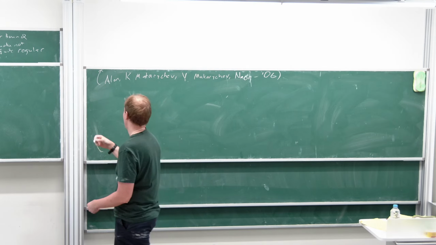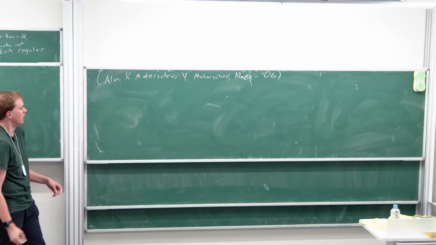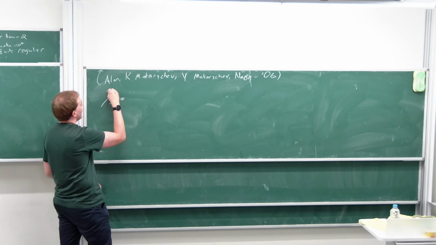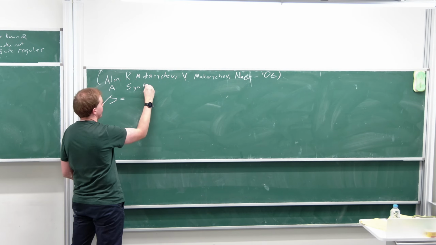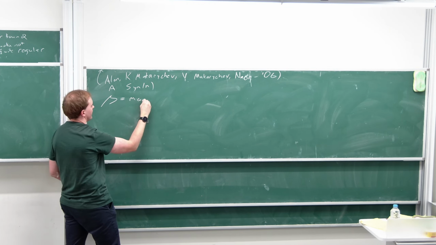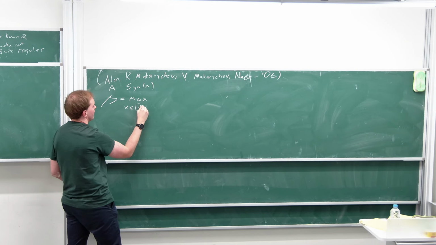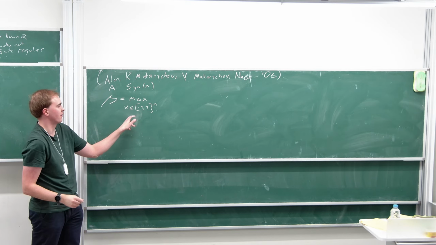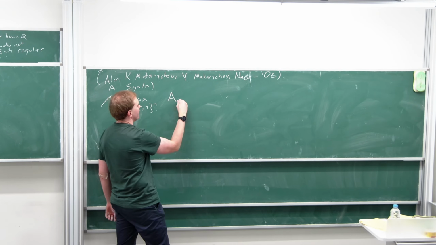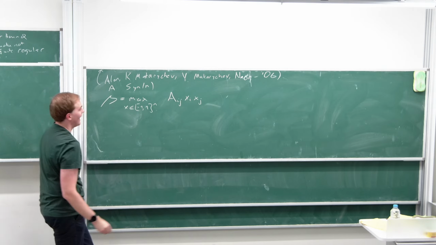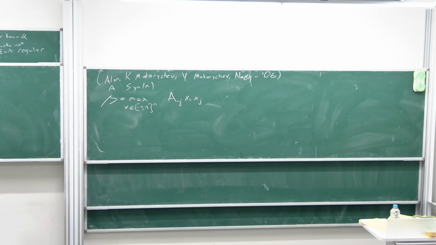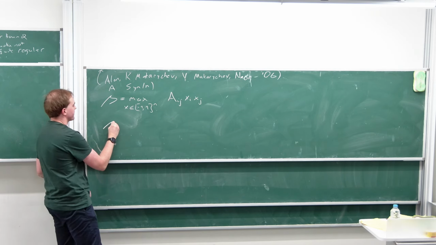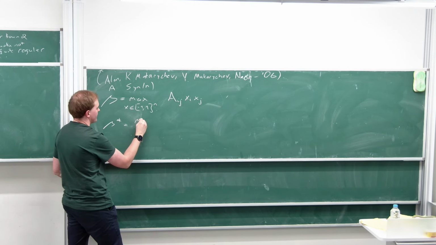So in 2006, Alon, Makarychev, Makarychev and Naor proved that if A is a symmetric n by n matrix, and beta is the maximum over x_i taken from the interval from -1 to 1 of the sum of a_ij x_i x_j, essentially the situation we have here applied to the matrix A minus p times (J minus A), which is symmetric, and beta star is the semi-definite relaxation of it.